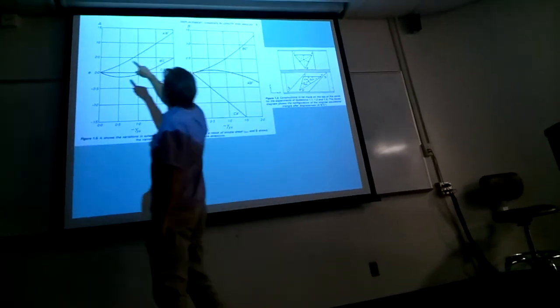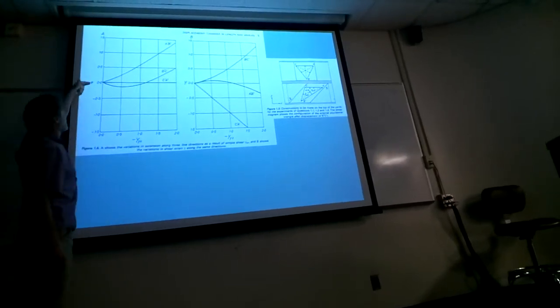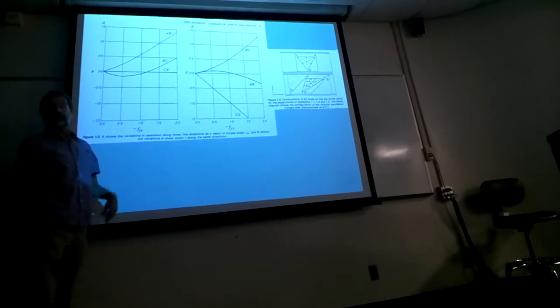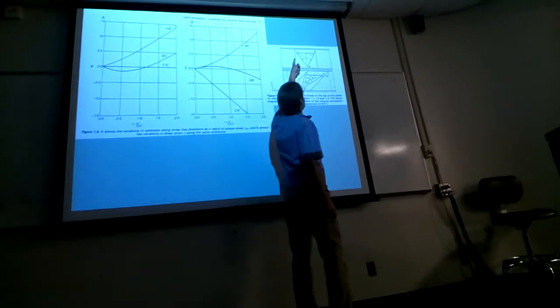So it's the strain on this marker that's shown over here as AB. This always is positive. Remember, positive E is elongation. So that line always elongates. But take this other one. This is what's counterintuitive. CB.